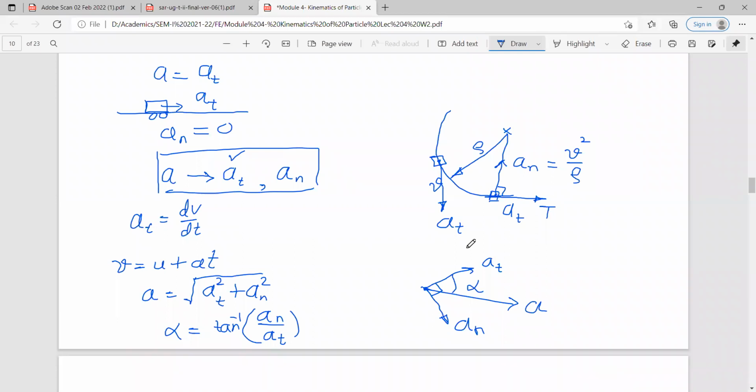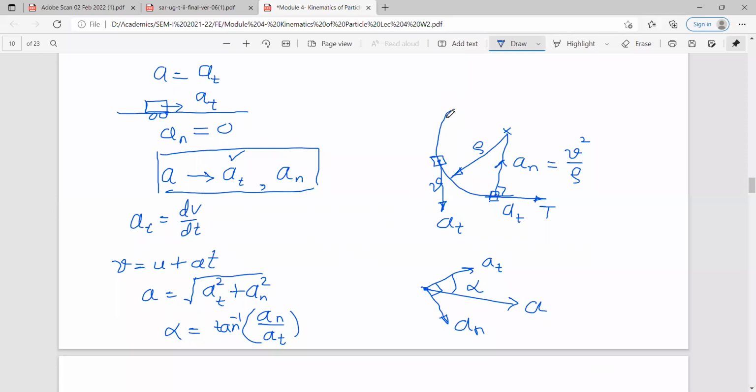So as far as we were analyzing the motion of the object along a curvilinear path, this formally comes out, the formula of total acceleration and its angle. Suppose this is the circular path.